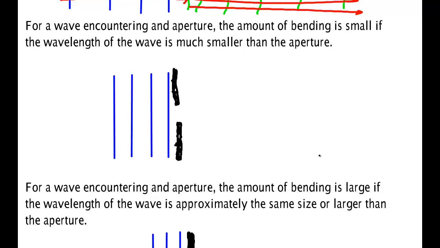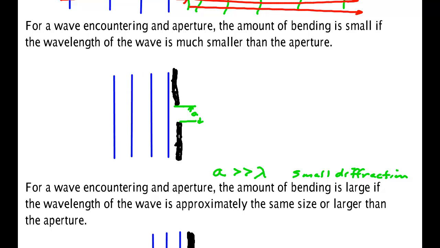So if this was the opening here, we'll call this A for aperture. If that dimension A is much larger than the wavelength, small diffraction occurs. It's almost as if the wave travels with the law of inertia in a straight line at constant speed.